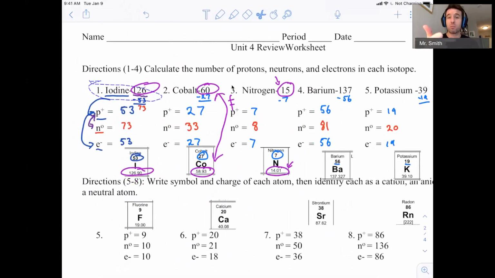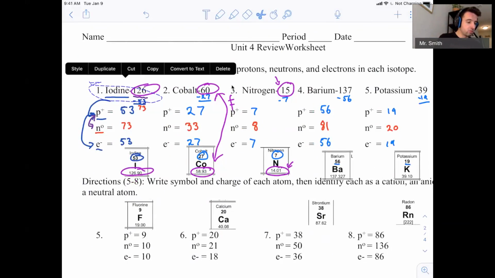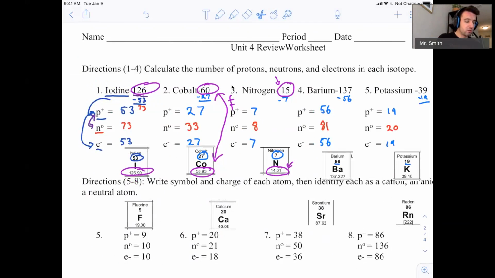It's going to tell us the number of protons and electrons based on iodine itself, and the 126 also tells us neutrons. So just by having the name and the atomic mass, we can determine pretty much everything we want to determine about this atom.